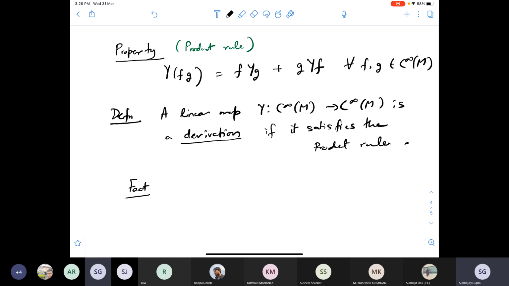We saw earlier that derivations at points correspond to tangent vectors, that is, directional derivatives along some tangent vector. And so if you have a linear map like this satisfying the product rule, a derivation, it actually always arises from some smooth vector field. That is the fact: any derivation arises from some smooth vector field.